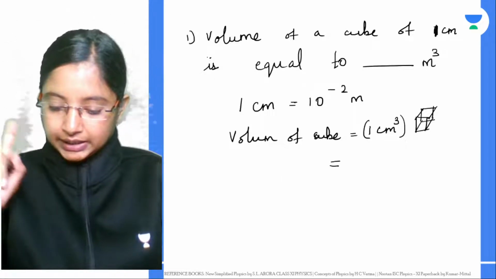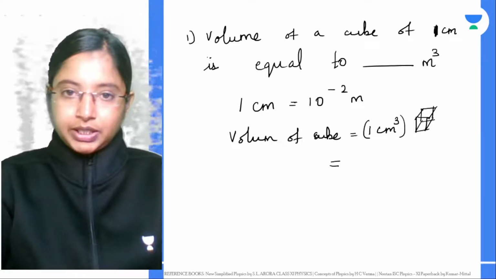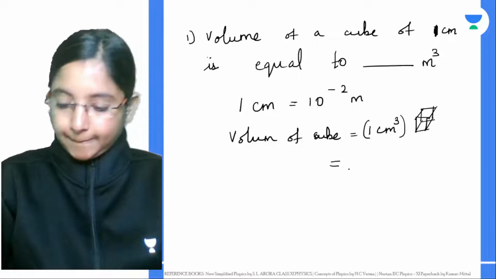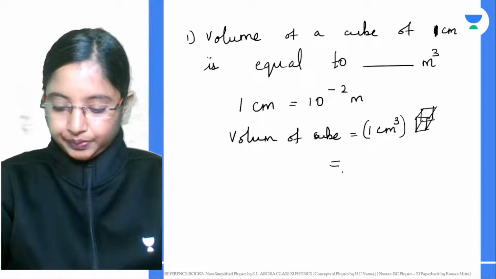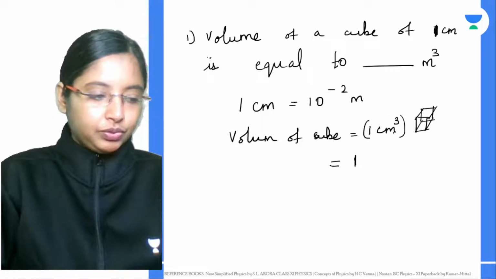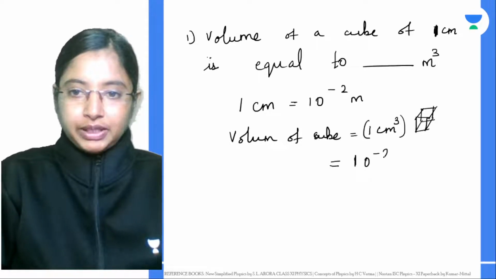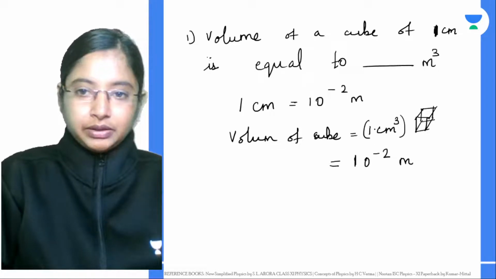But we want the answer in meters. How would you convert centimeter to meter? 1 centimeter is 10 to the power of minus 2 meters, the whole cube.